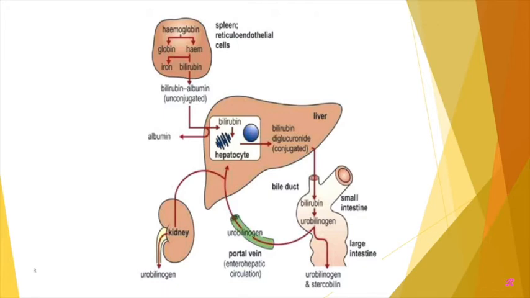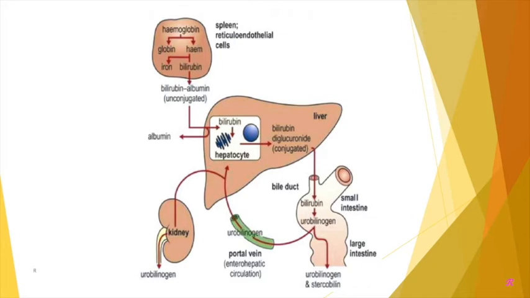Then it gets excreted in the urine and feces as urobilinogen and stercobilinogen, and a small amount is reabsorbed through the portal vein back into the liver, where it is re-excreted into the bile, and the process continues.